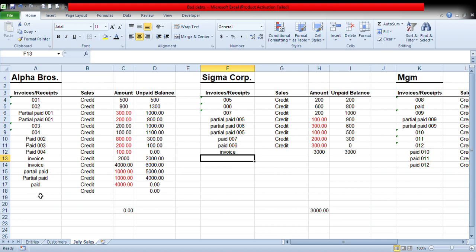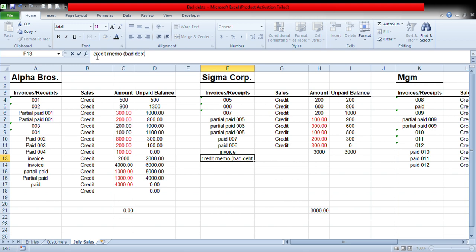Whatever you want, you can say default, or you can also write bad debt if you want. You just create a credit memo and just write bad debt.